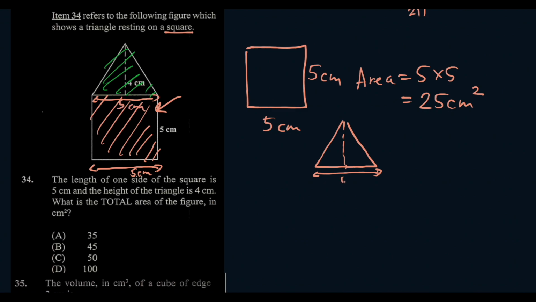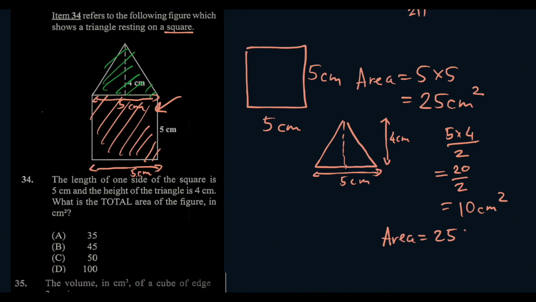The base is 5 centimeters and the perpendicular height is 4 centimeters. So the area of this would be 5 times 4 divided by 2, which is equal to 20 over 2, which is equal to 10 centimeters squared. So the total area would be 25 plus 10, which is equal to 35 centimeters squared. So this is our answer right here.